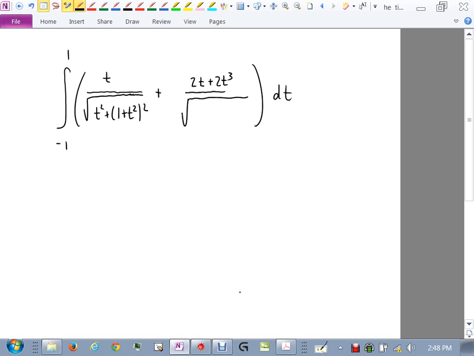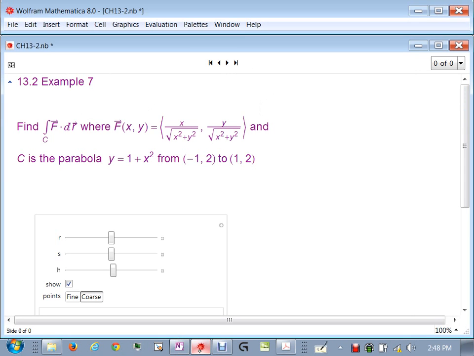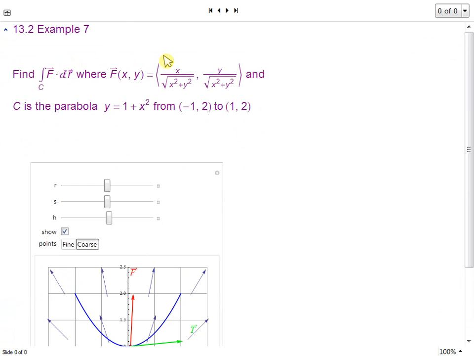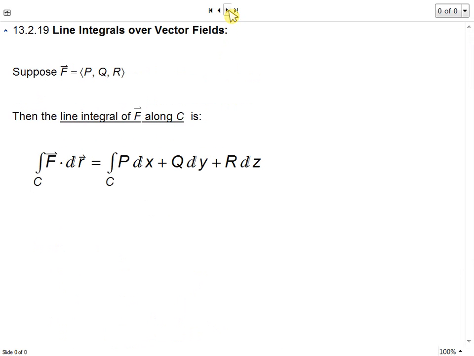All right, let's take a look at the rest of the notes here for 13.2. So this is just another way of evaluating a line integral over a vector field. If your vector field f is PQR, so P, Q, and R are the component functions.